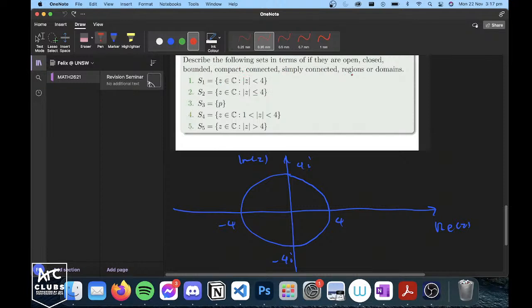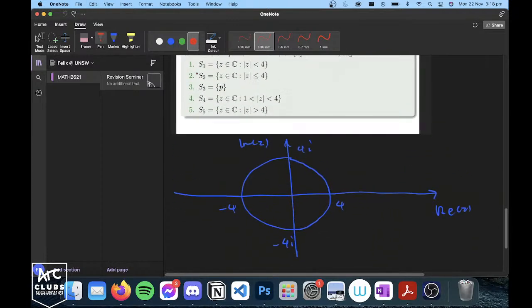I guess it is a region because this is an open set containing all of its boundary points. And so because of that property, it is a region. But unfortunately, it's not a domain because it's not open, right?